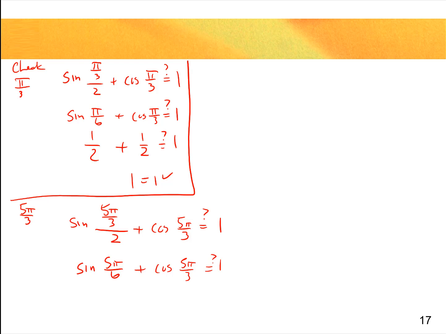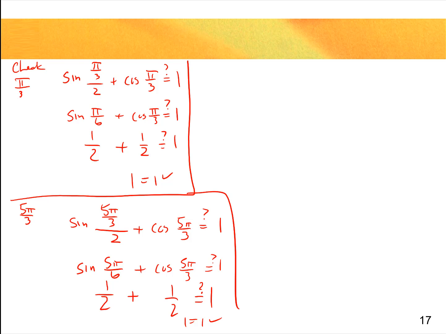Sine of that is going to be 1/2. And cosine of 5 pi over 3 gets me a 1/2. Hey, that's interesting. Yes, it does. 1 is equal to 1, so 5 pi over 3 works. That's cool.